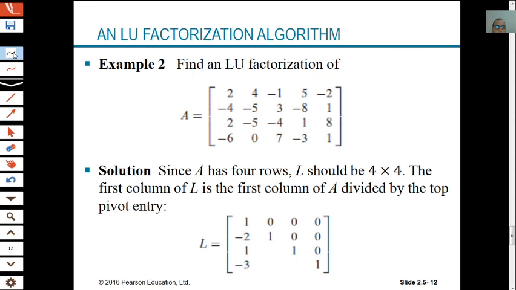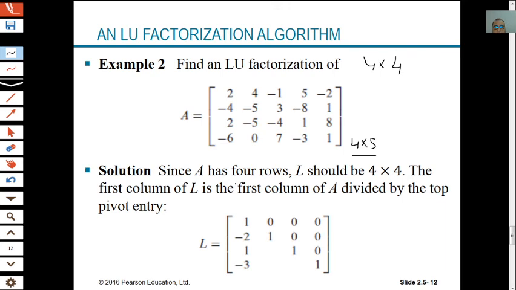We have now a 4 by 5 matrix. We have 4 rows and 5 columns. This is not a square matrix. In the previous example, we had a square matrix, which is 4 by 4.